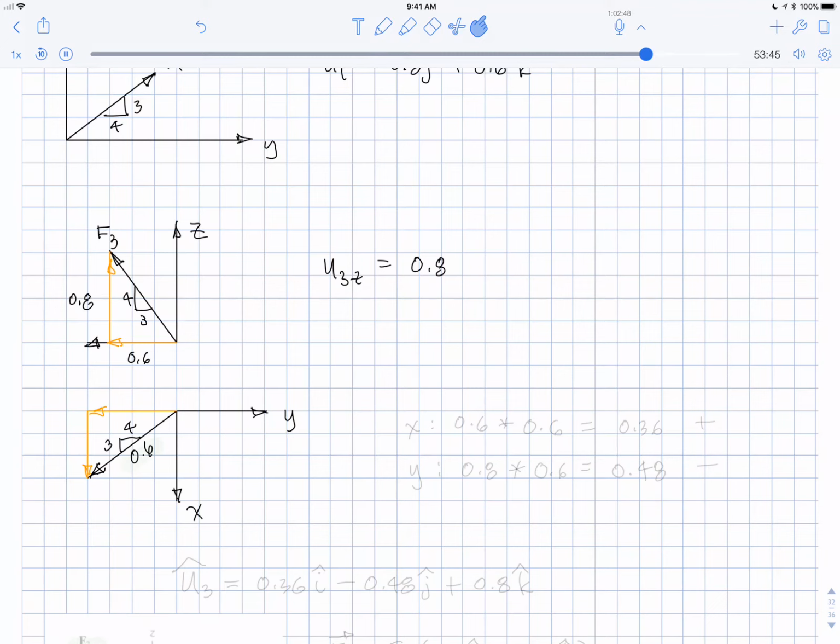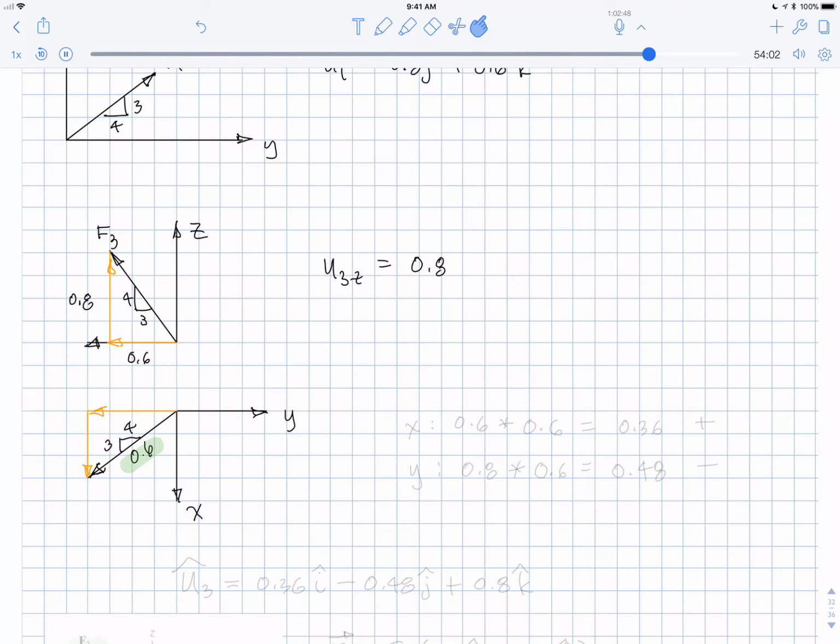Now let's look at the top view of this. You can see that the xy component was 0.6, and that needs to be broken down into the individual x and y components.